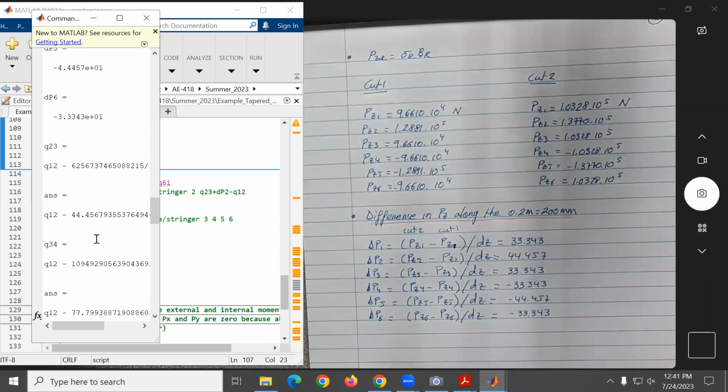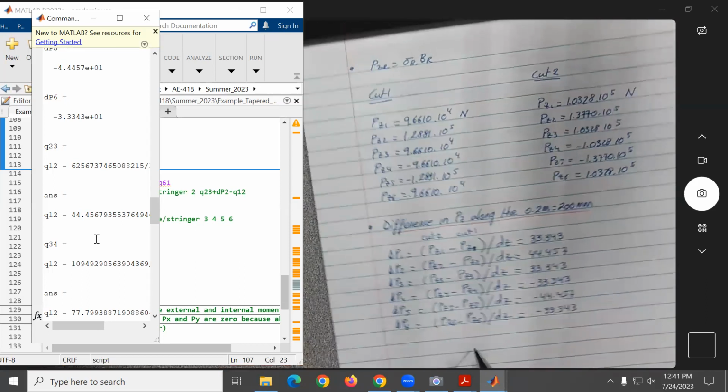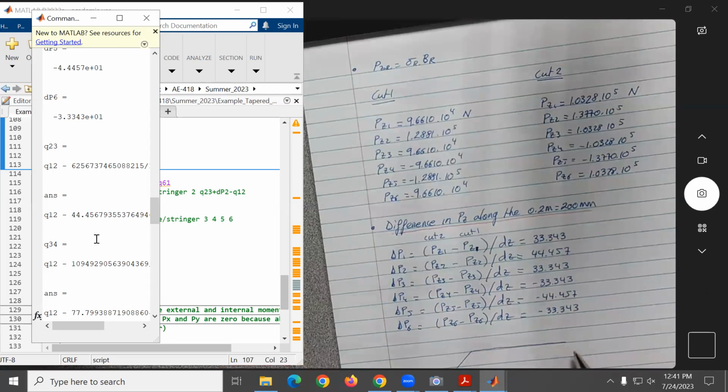Let's see if I can make this have some sense over here. You do a figure here. So you can do two. All right.